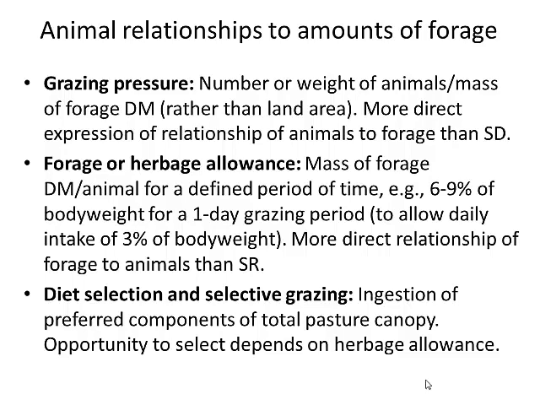The reason I bring up forage allowance is it's a much more convenient way to express the balance between forage supply and animal demand as you go across a range of production potential, from low fertility, drought-prone, thin soils to high fertility, well-watered, more productive soils.